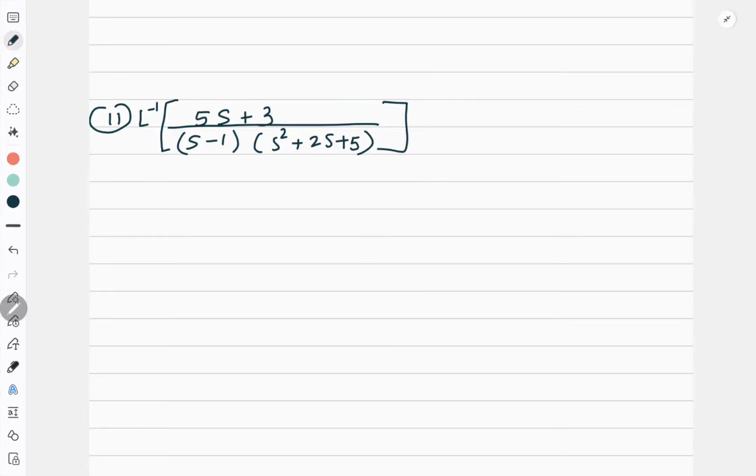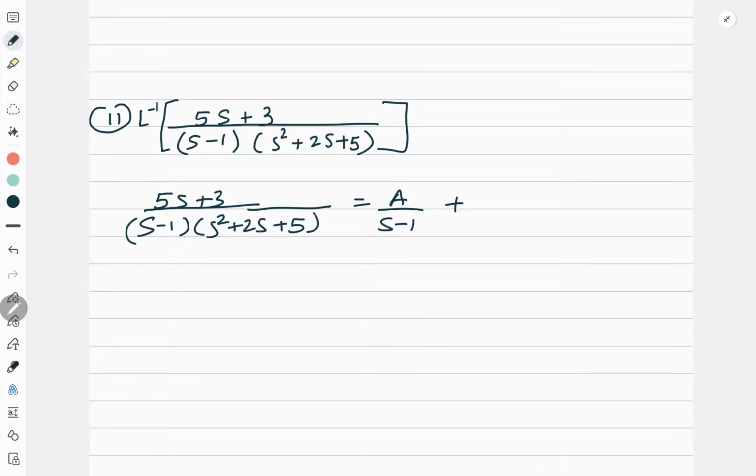So, if I take it as case 3, (5s + 3)/((s − 1)(s² + 2s + 5)) = A/(s − 1) + (Bs + C)/(s² + 2s + 5). Okay.